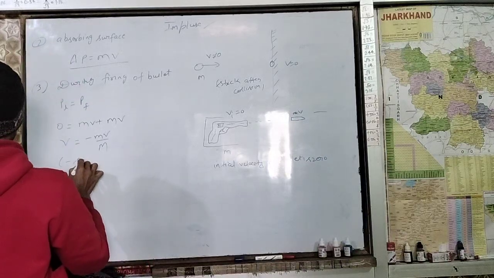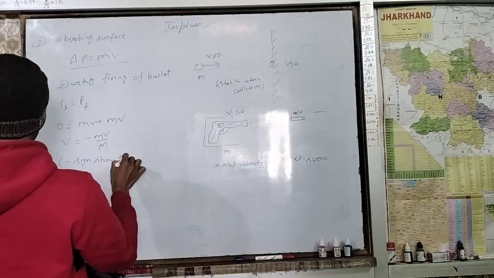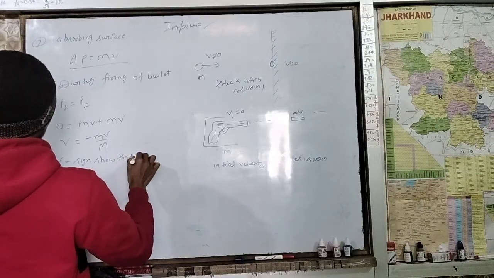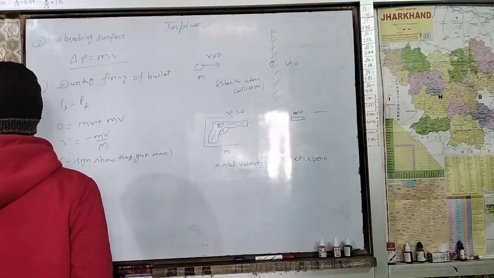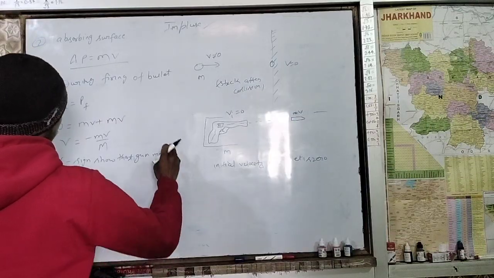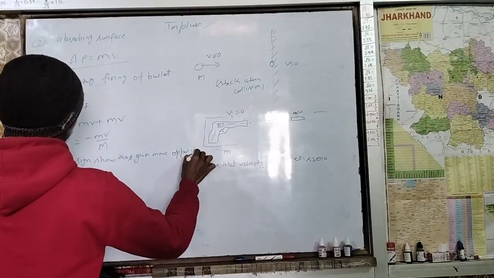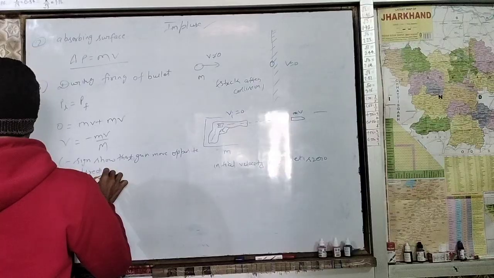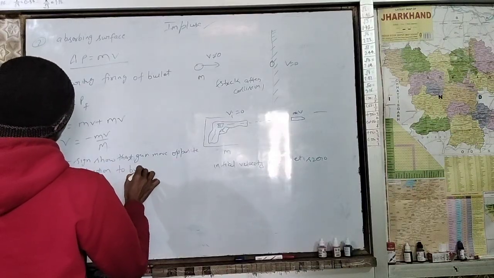Minus sign shows that the gun moves in the opposite direction to the bullet.